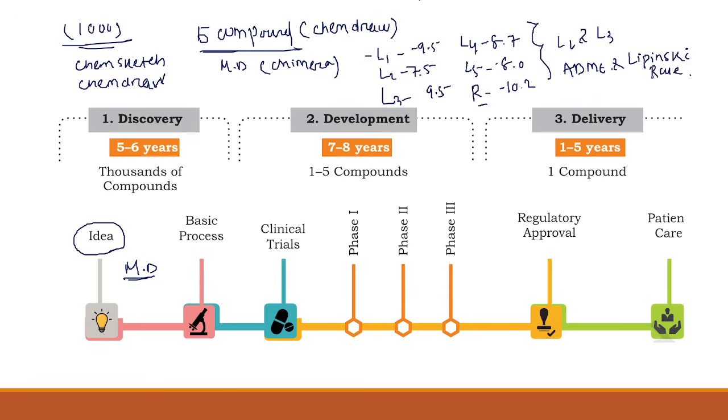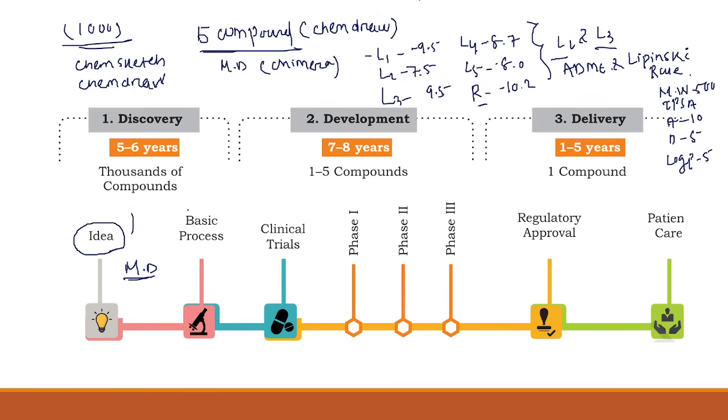The Lipinski rule of five states that the molecular weight should be less than or equal to 500, then the topological polar surface area, the number of hydrogen bond acceptors should be less than 10, the number of hydrogen bond donors should be less than 5, and the log P, that is the lipophilicity value, should be less than 5. So if L1 and L3 follow these rules, then we go for further study.